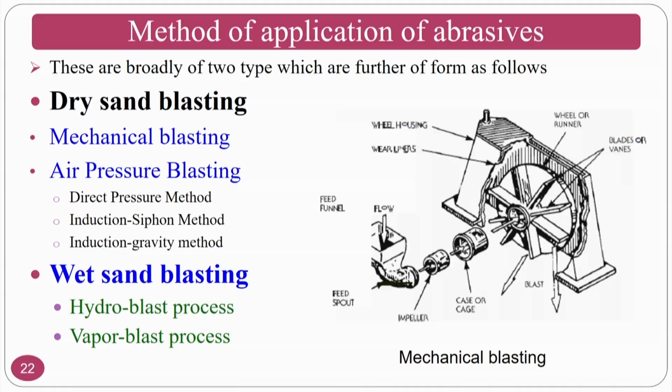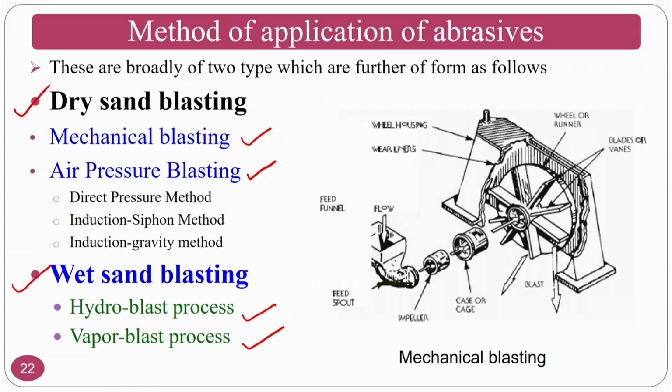So there are modes of application, or methods. One is dry sand blasting, another one is wet sand blasting. In dry sand blasting, you have mechanical blasting and air pressure blasting. In the wet, you have the hydro blast process as well as the vapor blast process, wherein you replace air by using liquid jets.